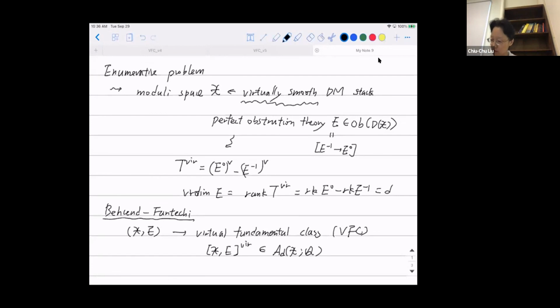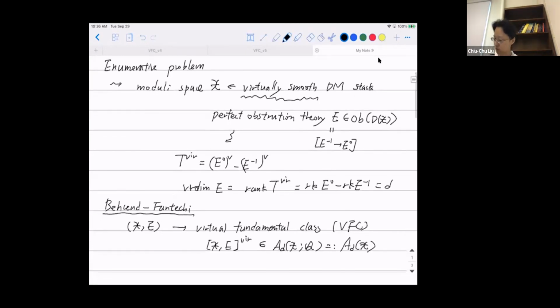In this talk, all the stacks and varieties are defined over the field of complex numbers, and the Chow groups or cohomology groups are over rational coefficients, unless we say otherwise. So I'll suppress the coefficient ring and just write without the coefficient.